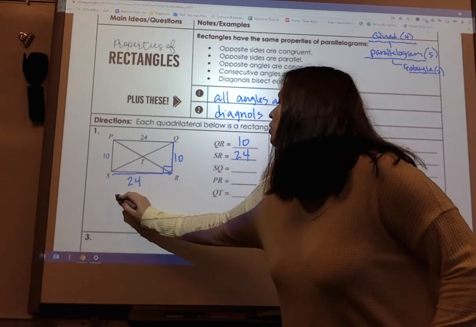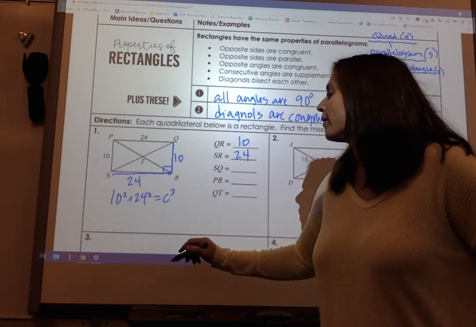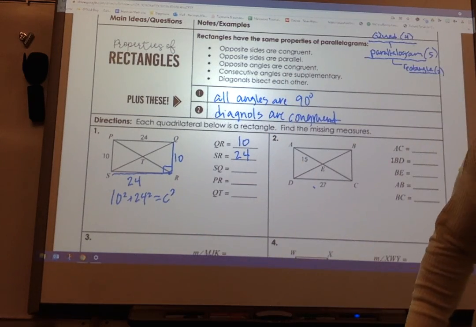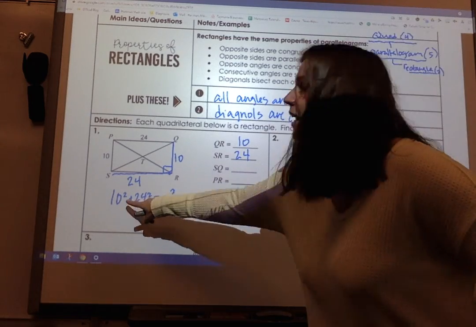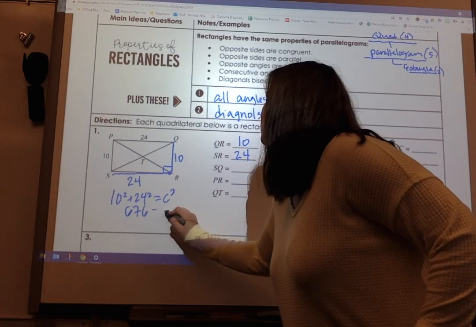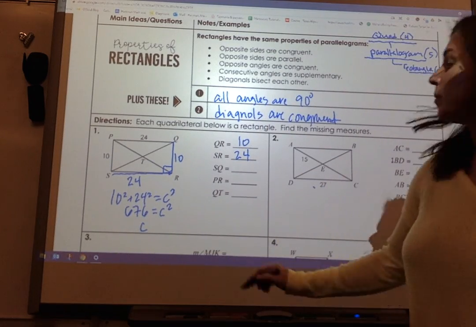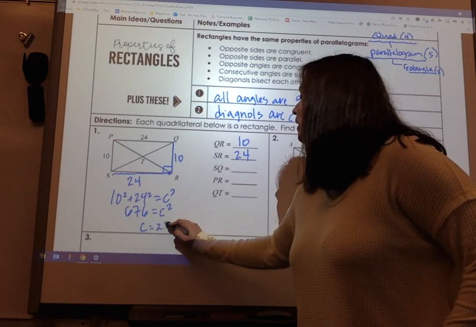So to find SQ, it would be 10 squared plus 24 squared equals c squared. When I add 100 and 576 together, I get 676 equals c squared. So to find c, I take the square root, and I'm going to get 26.